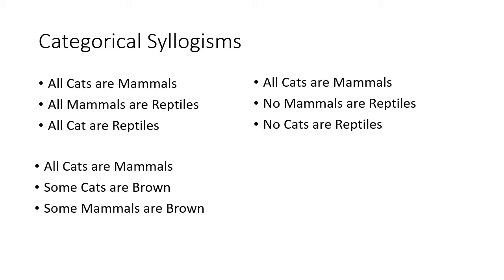So now we have an argument that has a universal, an A claim, a particular affirmative, an I claim, and the conclusion is also an I. And I should mention here, and I didn't indicate this, but in all these arguments the last sentence is the conclusion. So I should go here and just indicate.